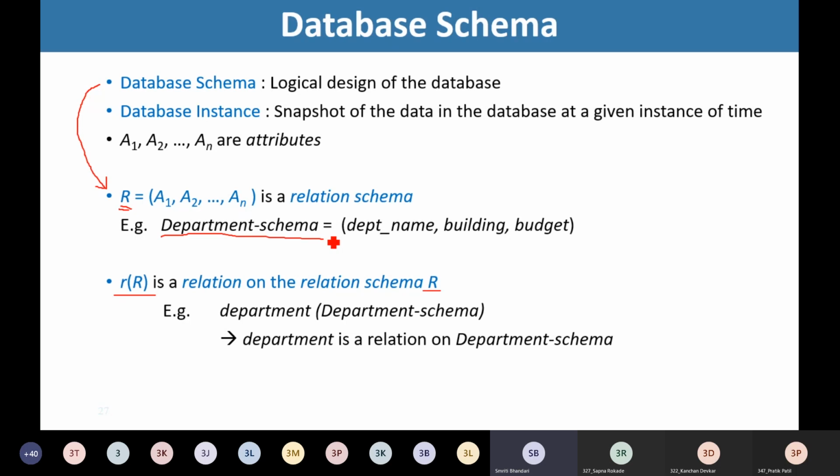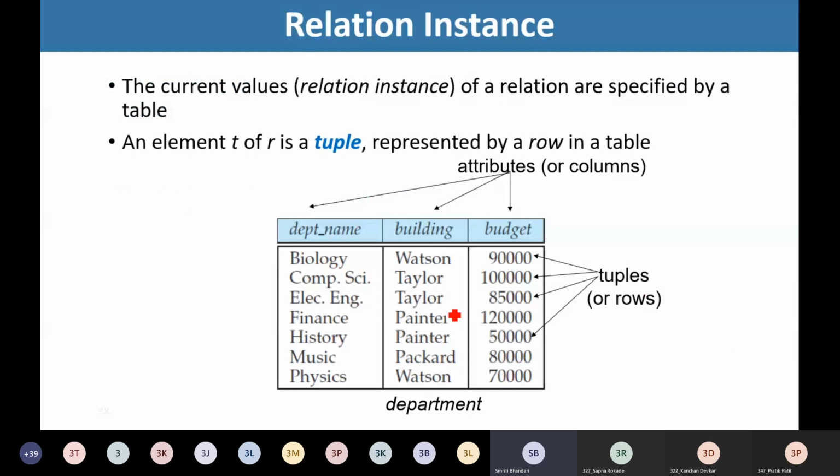A relation on a relation schema actually includes some tuples in the relation. So department(department schema) tells me that department is a relation on the department schema.